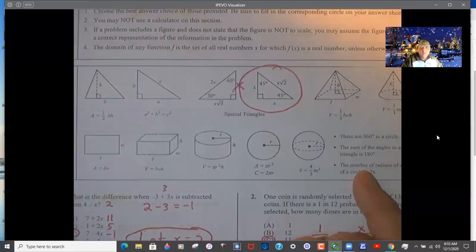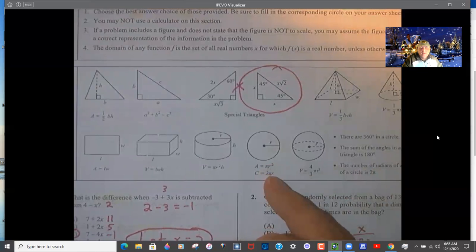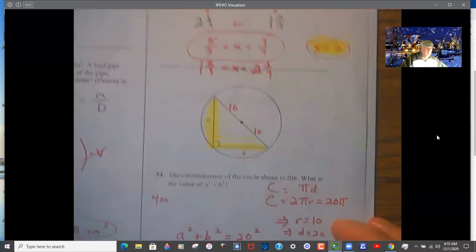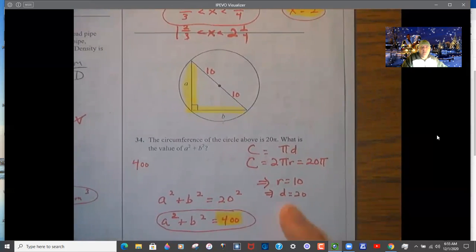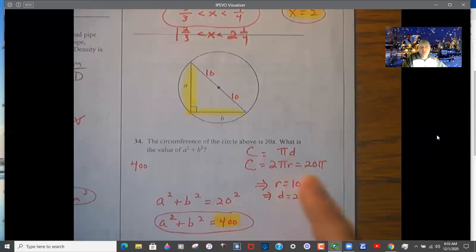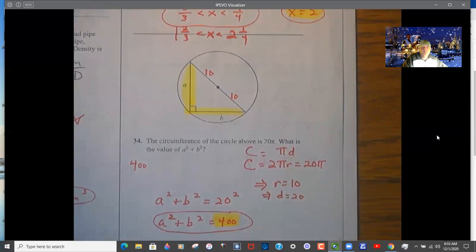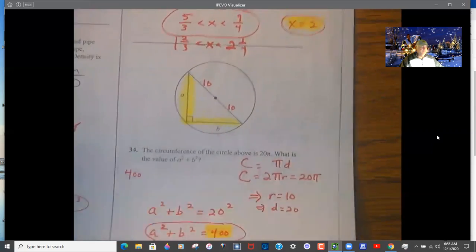It's here somewhere. They don't quite give it. Pi, 2 pi r, but it is pi times the diameter. So know that. And so r is 10, so you actually use that in this. And then d is 20. So a squared plus b squared equals 20 squared, which is 400.